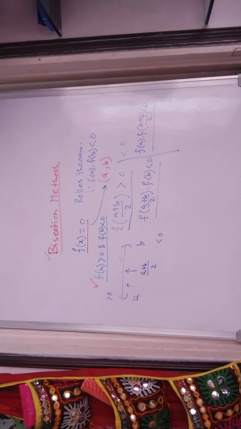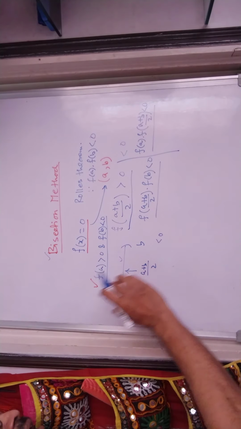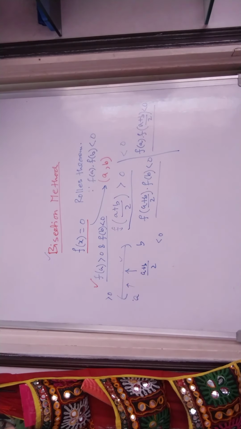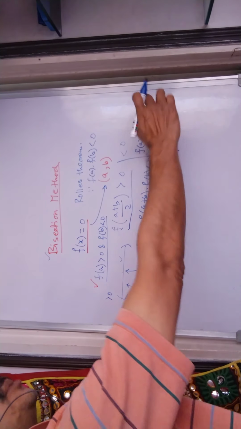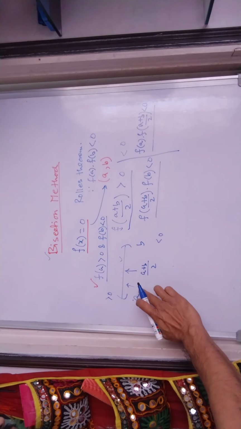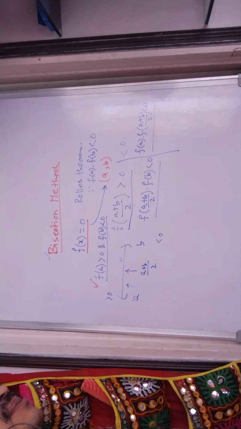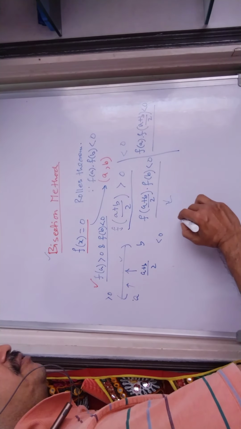After bisecting the interval, we should check this condition, which one of the halved intervals contains the root, and for that we should check this only. If this product is negative, the root lies between a and (a+b)/2, and if the product of f((a+b)/2) and f(b) is negative, then it lies within these two. So I hope I have clarified matters, and then we should again halve it.